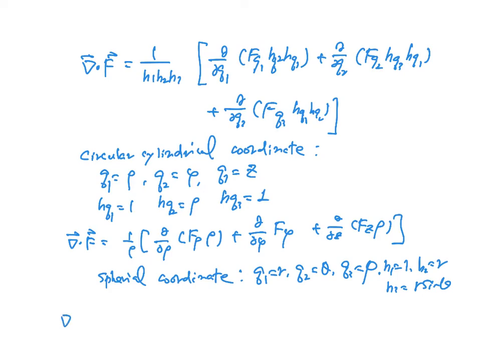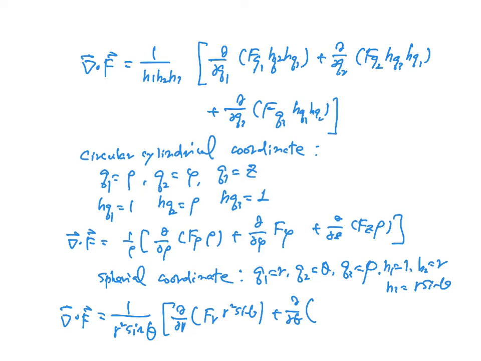So the divergence of F in spherical coordinate is, with h1 h2 h3 being r squared sine theta, partial r partial F r h2 h3, so r squared sine theta, plus partial theta partial F theta, 3 1, so r sine theta, plus partial phi partial F phi, 1 2, so r.